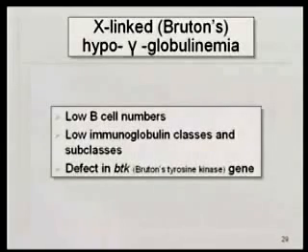That is due to a tyrosine kinase that is very specific for B cells, and that B cell tyrosine kinase is involved in the differentiation of those B cells. Due to that defect, they do not differentiate properly, and therefore there is no immunoglobulin synthesized. Of course, very few B cells differentiate to become mature B cells. So they get arrested at a much earlier stage of differentiation.